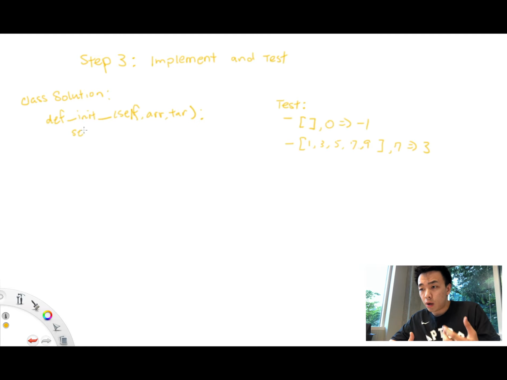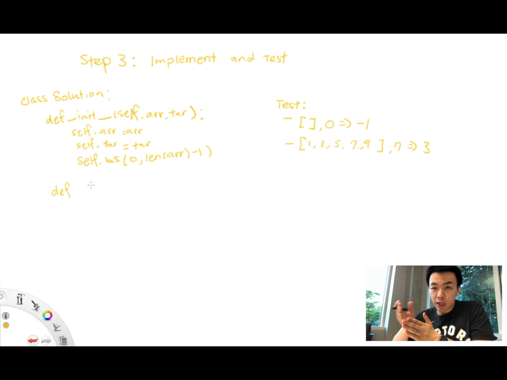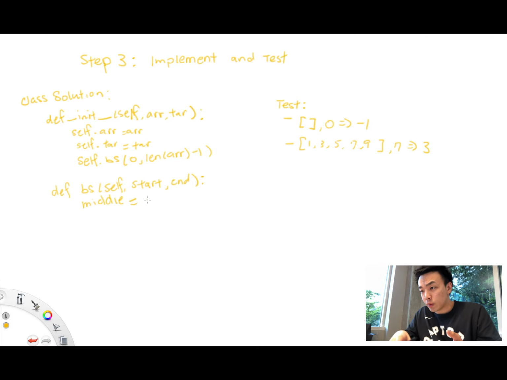So for my binary search, it's a really standard way of writing binary search. I compare the middle part. If the middle is smaller, then you go to the left side. If it's bigger, you go to the right side. So this part is where we have a stop condition, where we handle the edge case.